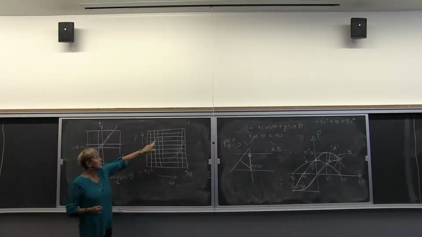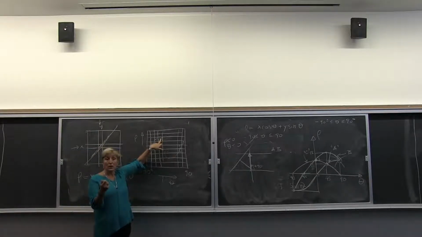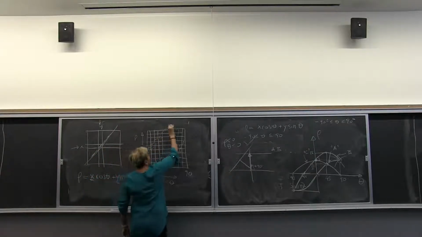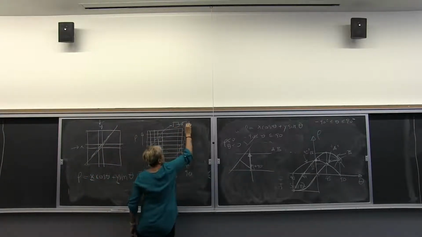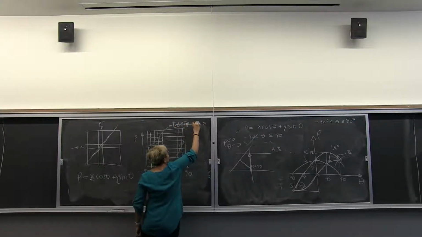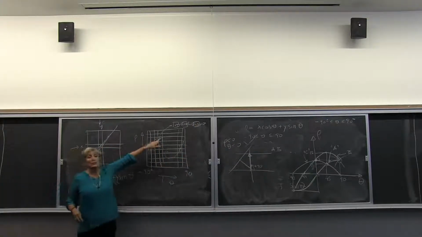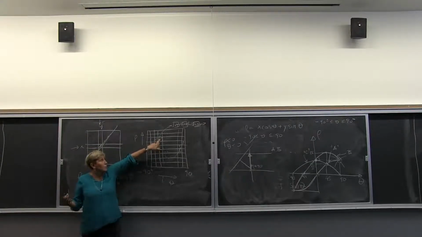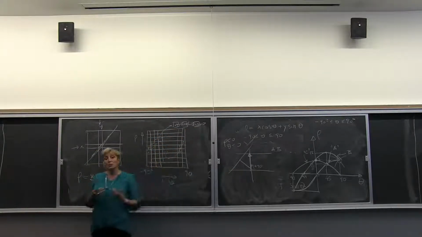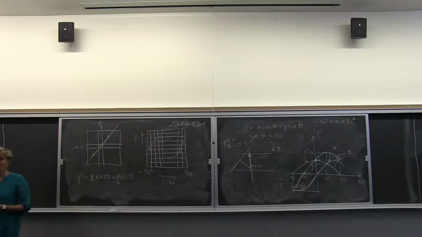So to each of these accumulators, to each of these bins, I attach a list of the guys that said, I believe there is a line with this rho and this theta. Okay? So associated with this will be, for example, a linked list that has the x and y's of all the guys that said there is a line with this rho and this theta. So when I'm done and I figure out that this guy has a high count, I just pull this list and tell me which edges are on the line. Okay?